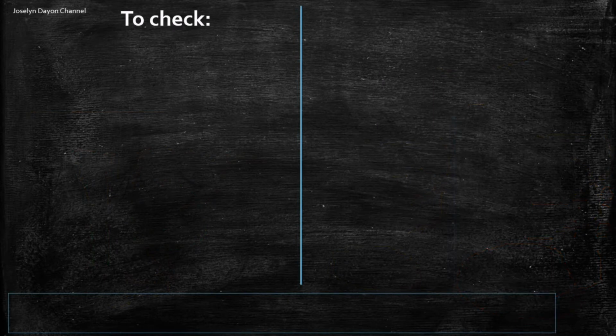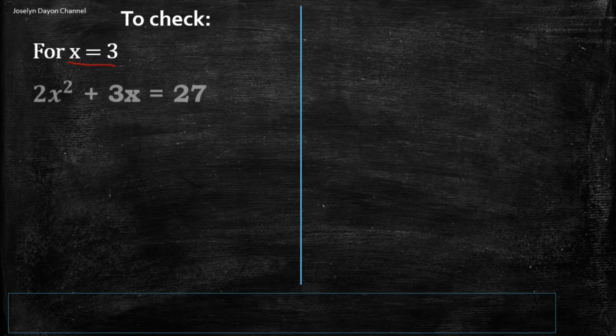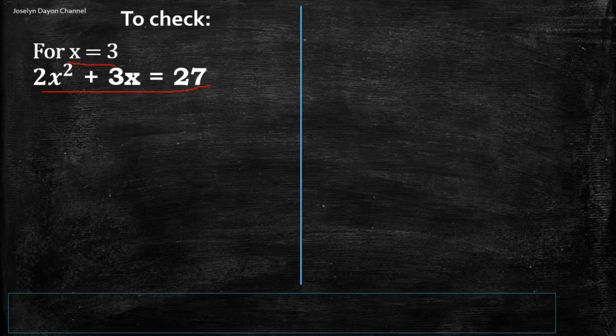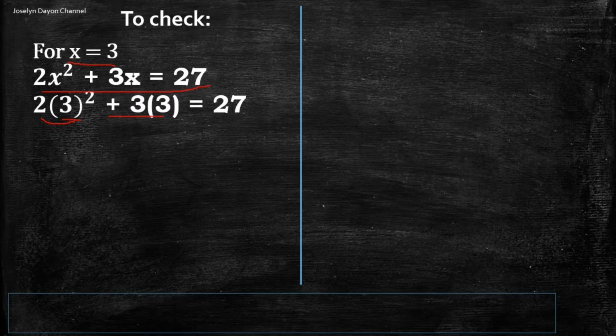To check whether the values that we obtained are really the solutions of the equation, we have to substitute these values to the original equation. For x equals 3, the given equation is 2x squared plus 3x equals 27. Substitute x by 3. The resulting equation becomes 2 times 3 squared plus 3 times 3 equals 27.